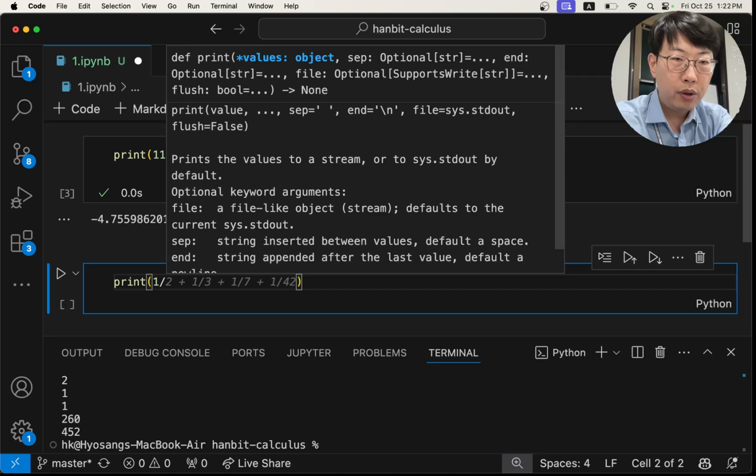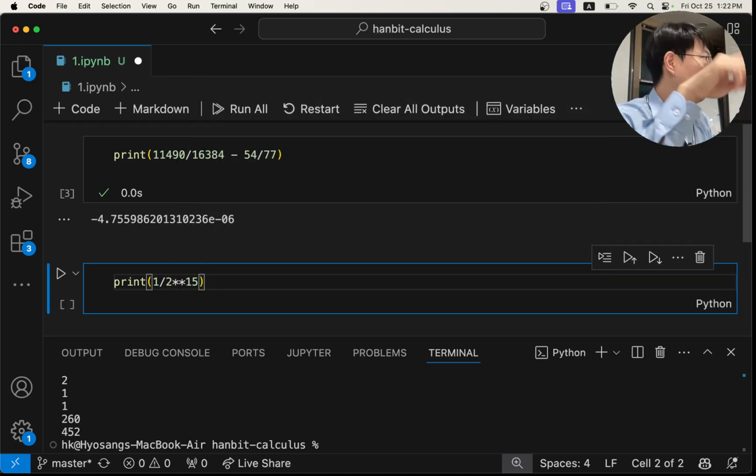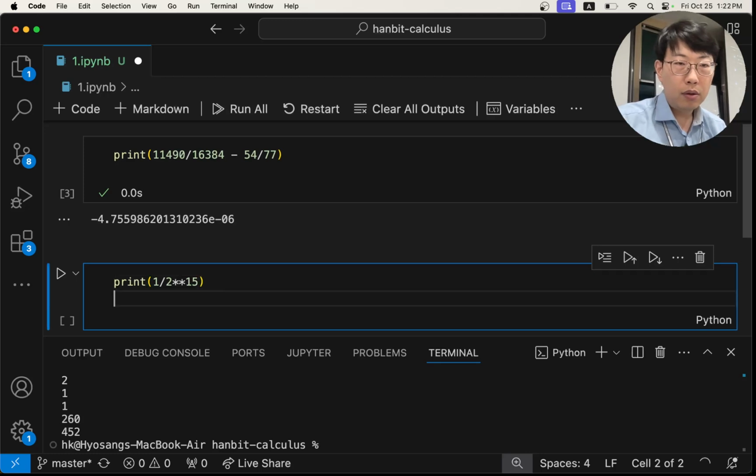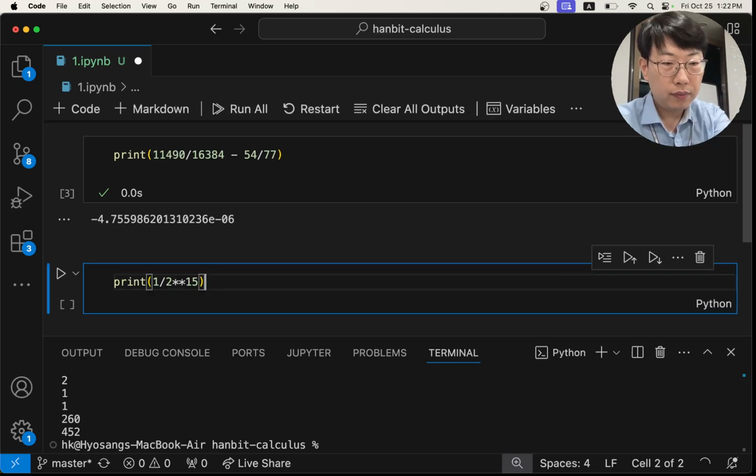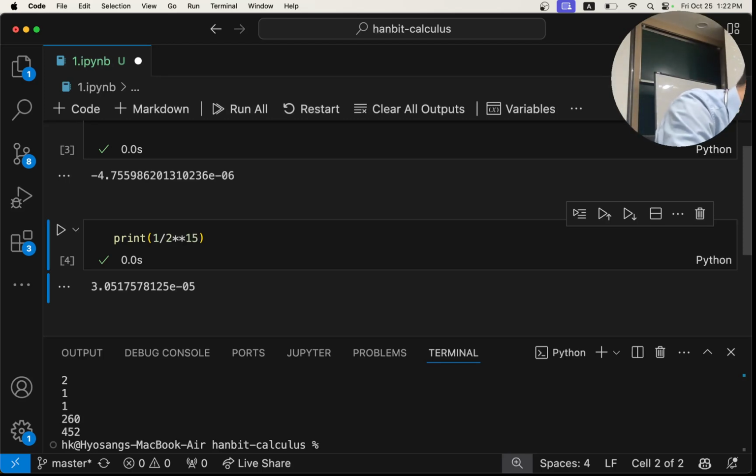So 1 over 2 to the power of 15, because n is 2 to the power of 14. 2 to the 15 gives 3.5 times 10 to the minus 5.